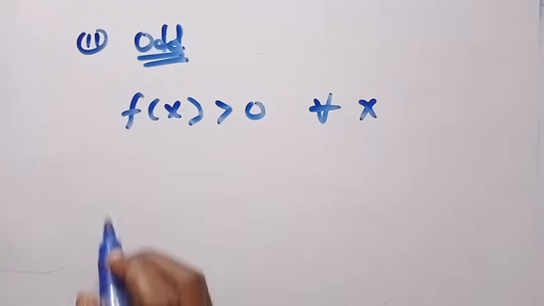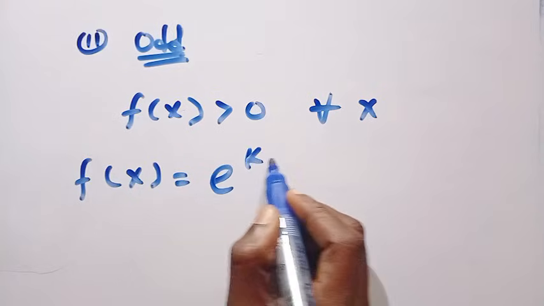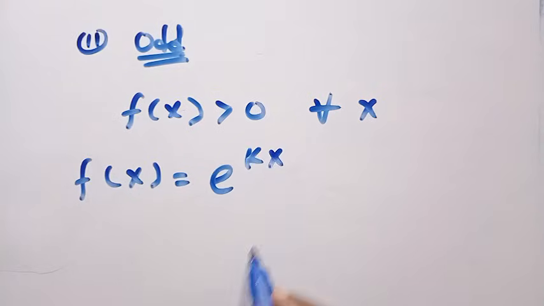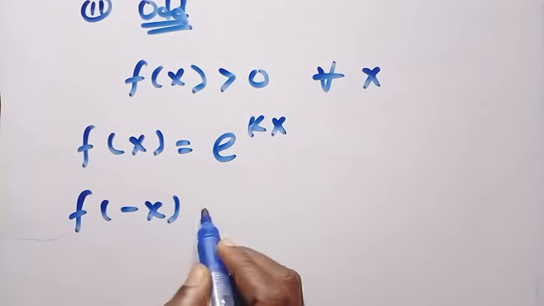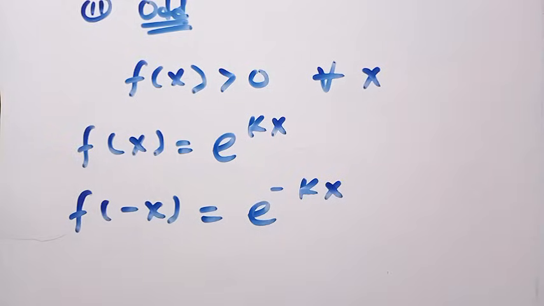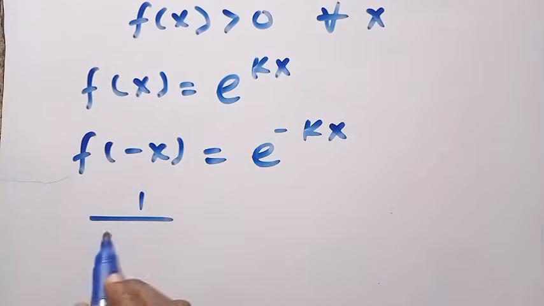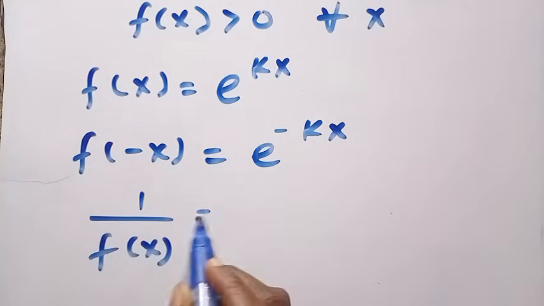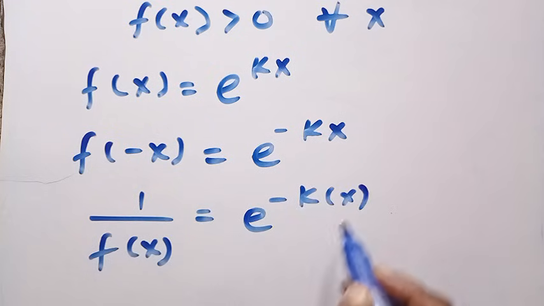If I let f of x be equal to e raised to power of kx, then for f of minus x we are going to have e raised to power of minus kx. And if we have 1 divided by f of x, this equals e raised to power of minus k of x.